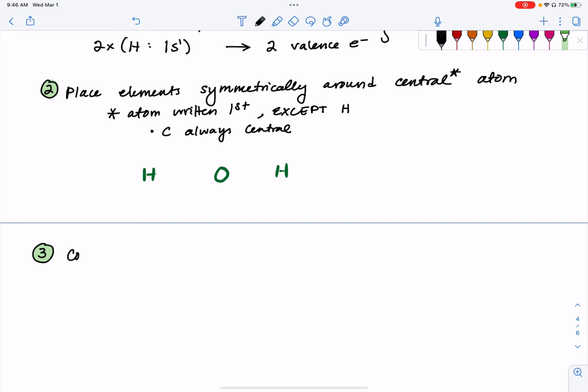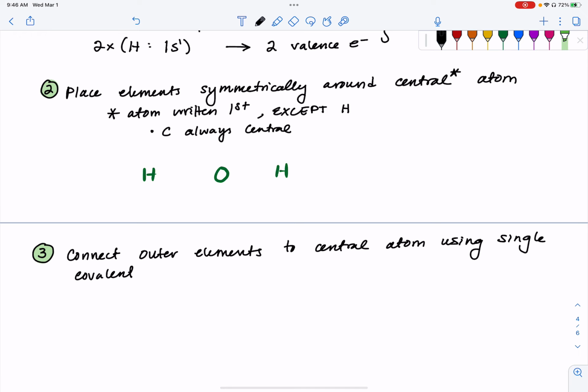Step 3, connect our outer elements to our central atom using a single covalent bond, where remember, a line, which is our single covalent bond, represents a shared electron pair or a bonding pair, BP.